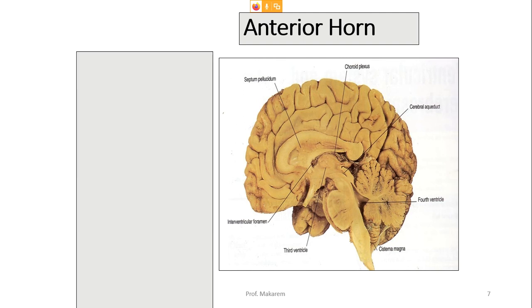Then we move to the anterior horn of the lateral ventricle. What structures are present in the anterior horn?